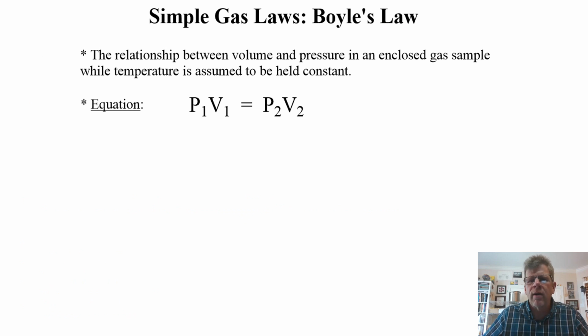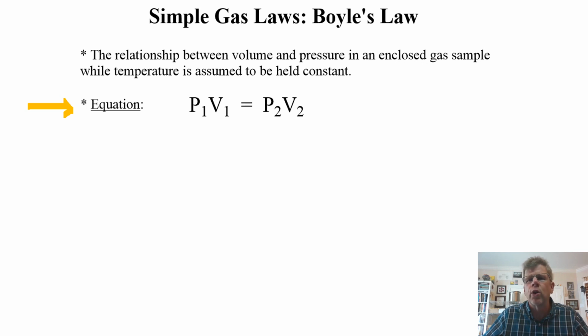So we'll take a look at these one at a time, and we'll start with Boyle's law. All 4 of our simple gas laws have equations associated with them. If these equations are available to us, all that really requires is looking over a word problem, an example which we'll show coming forth, and plugging in the numbers. And there's always going to be one unknown, which we're going to solve for. So Boyle's law, whose equation is given right here, is essentially the relationship between the volume and pressure of a gas sample.